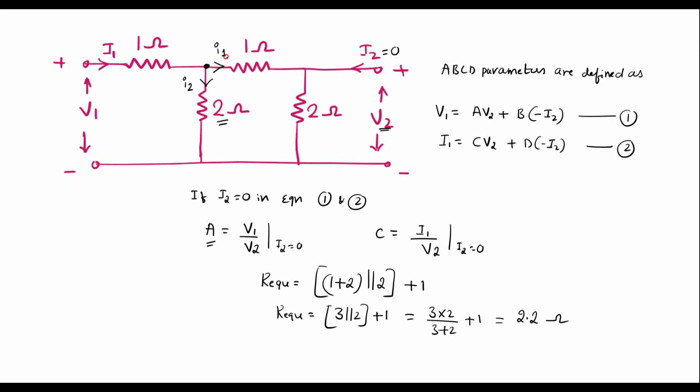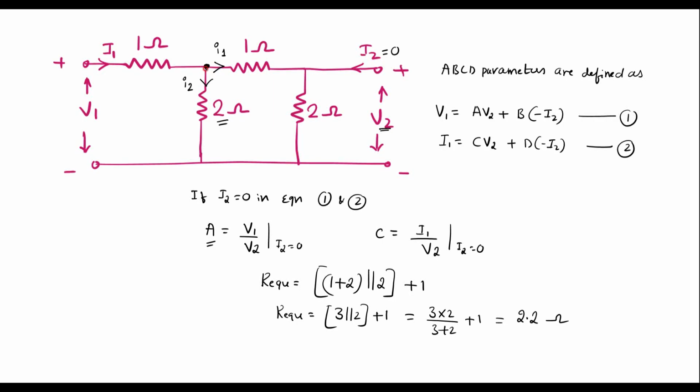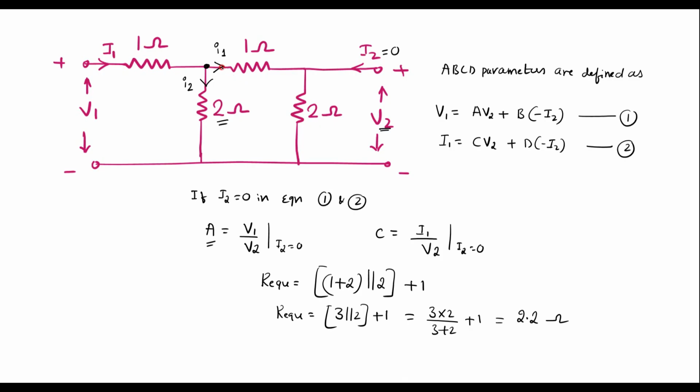Let me calculate I1. I will apply the current division rule. I1 will be equal to the total current, that is I1, into the opposite resistor. Here current I1 flows through the 1 ohm resistor and 2 ohm resistor. Opposite means the other resistor in which the other current is flowing, that is the 2 ohm resistor.